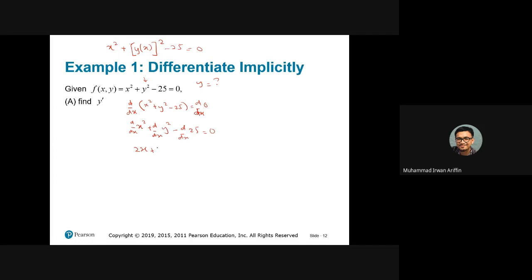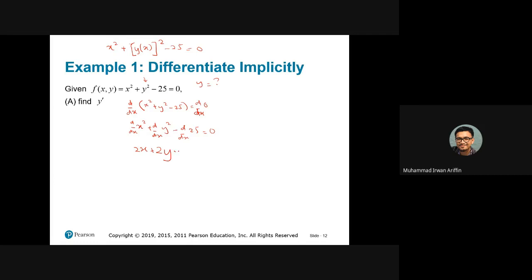Because this is to the power of 2, we bring down 2y, and 2 minus 1 is the power of 1. And don't forget, since there is an x inside, we need to multiply this by y prime.